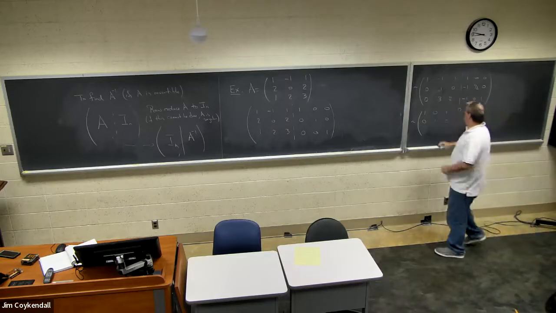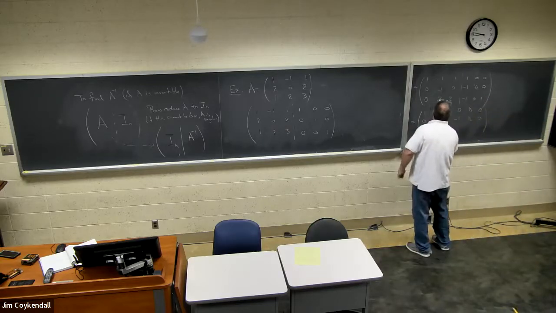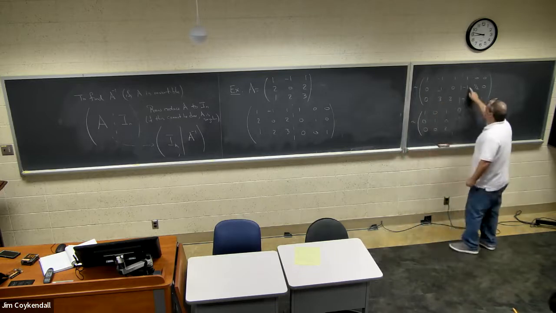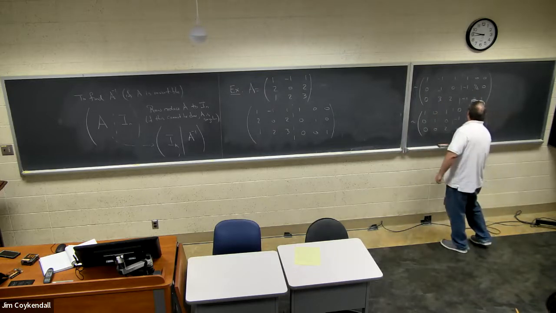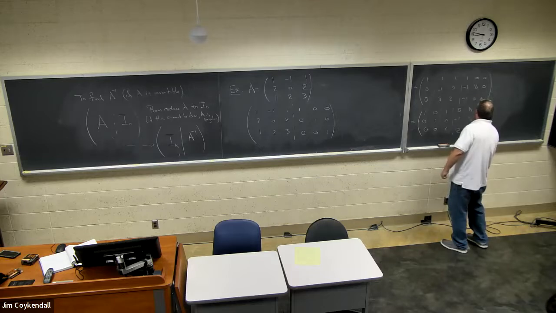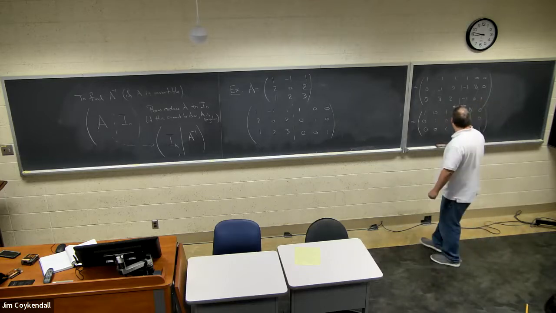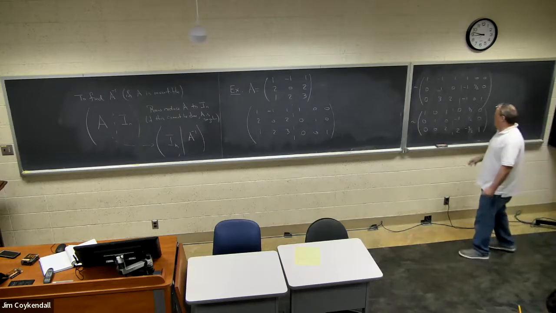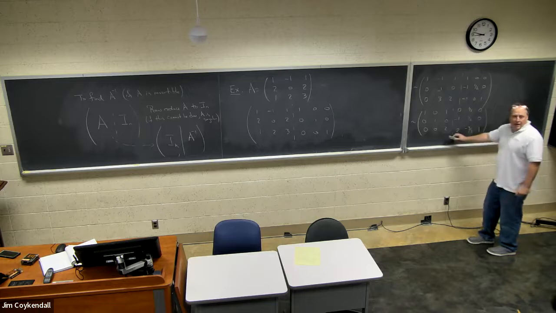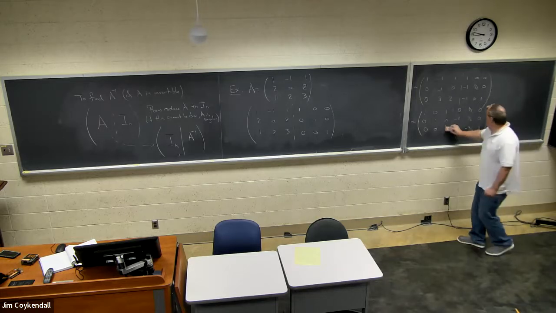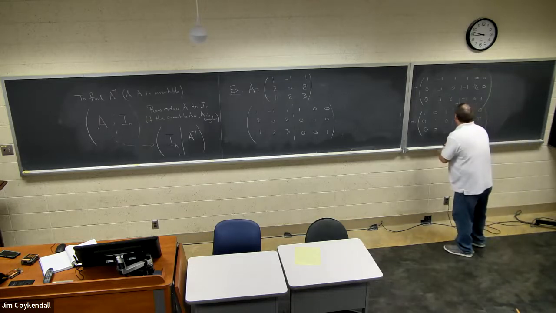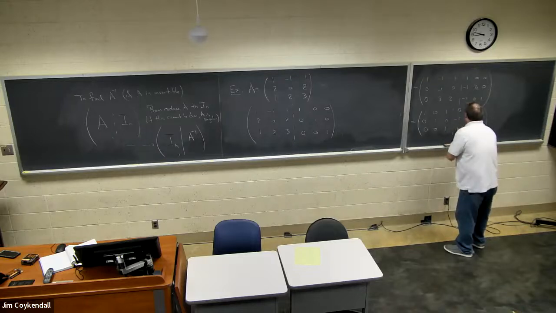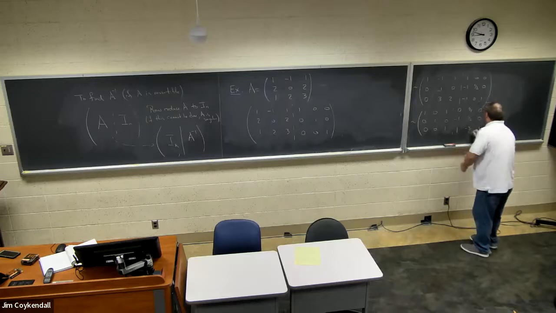And I'm going to multiply by -3 and add it down here, which is 2, -3/2, 1. And now I'm going to cut this bottom row in half. So that's going to be 1, 1, -3/4, and that's going to be 1/2.